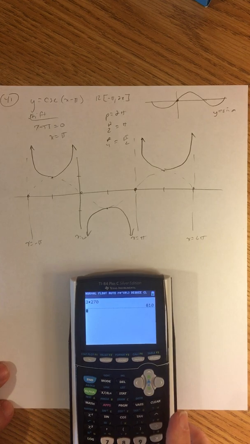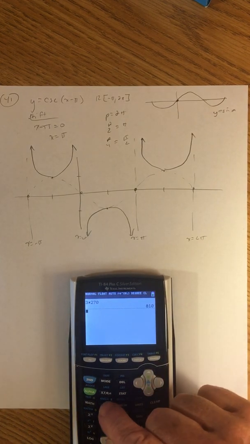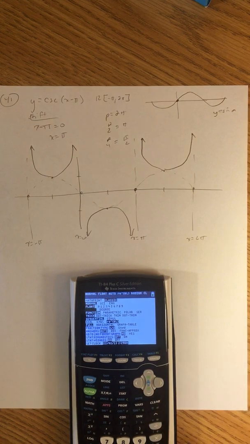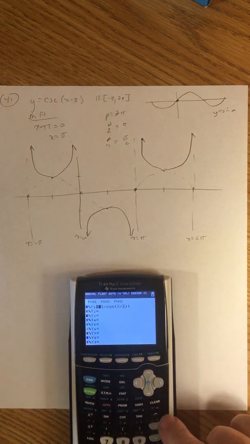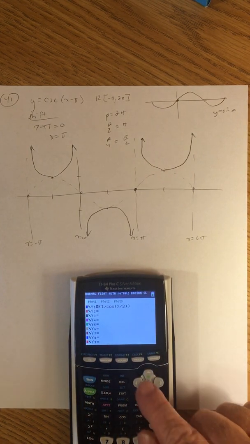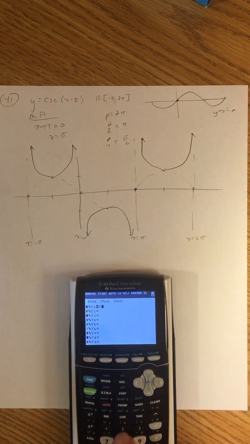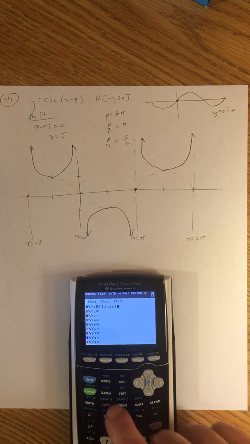All right, first thing, since we've been working in degrees lately, we'll make sure we go to radian mode. We're not multiplying it by anything, but I'm in the habit of putting this into parentheses. I guess it doesn't really make any difference, but this is a reciprocal of the sine, so we have 1 divided by the sine of x minus pi.